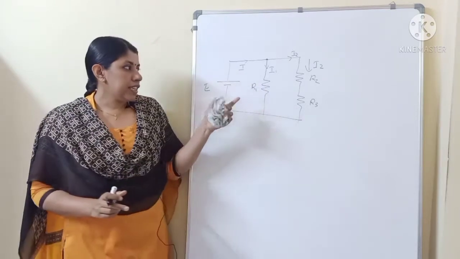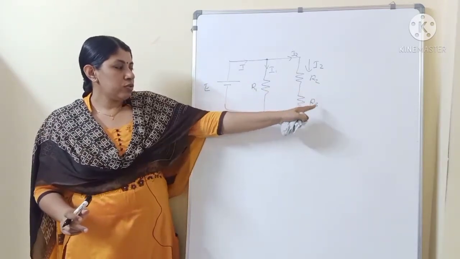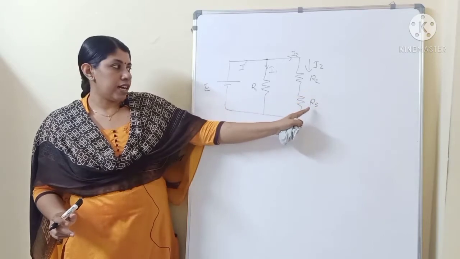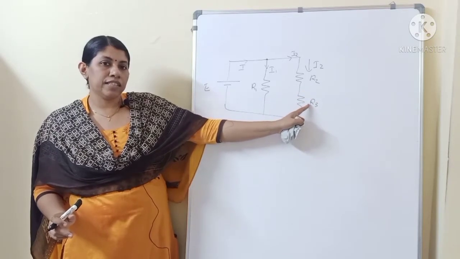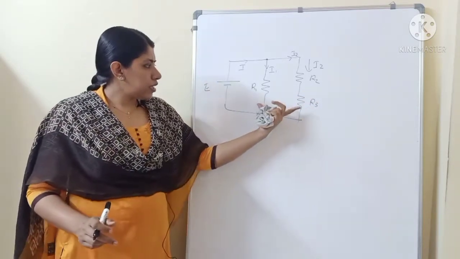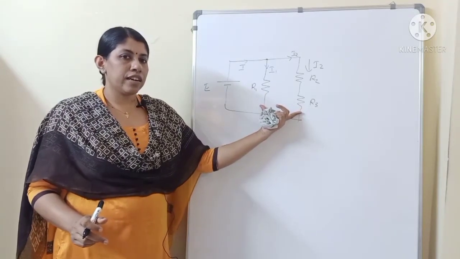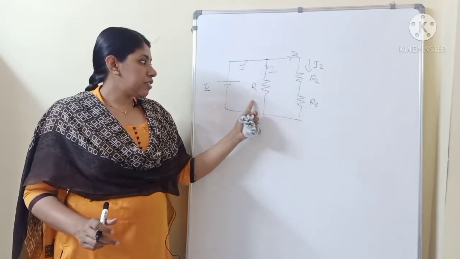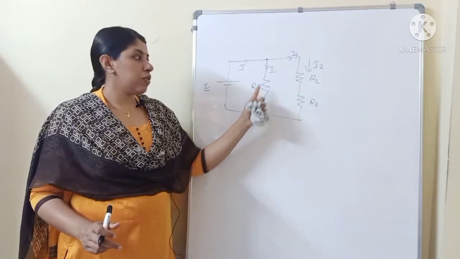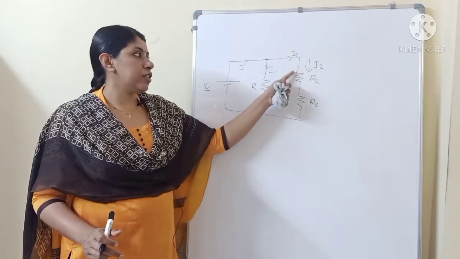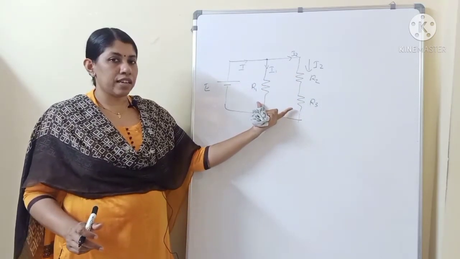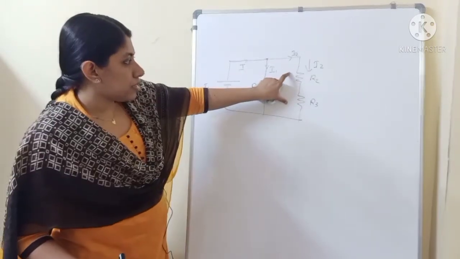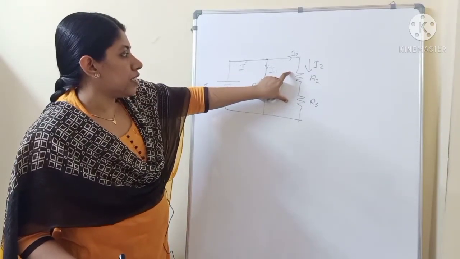So we can see that the same current is flowing through the resistances R2 and R3, which means they are connected in series. But you cannot say that R1 and R2 are connected in series, because in R1 current I1 is flowing, whereas in R2 and R3 current I2 is flowing. So R1 cannot be considered as connected in series with them, but the resistances R2 and R3 are connected in series.